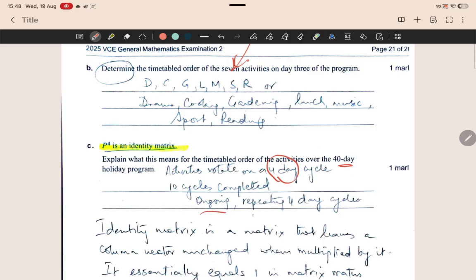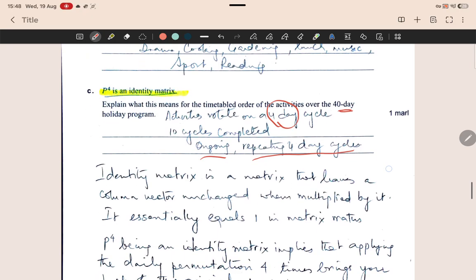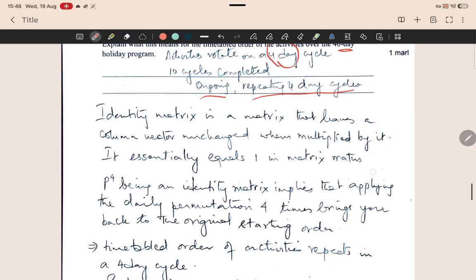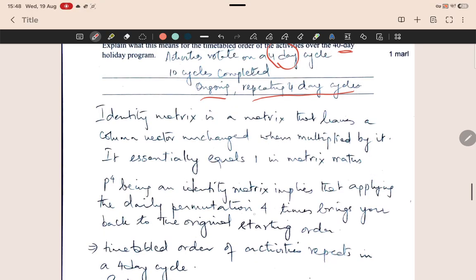Ongoing, repeating 4-day cycles. Now, an identity matrix is a matrix that leaves a column matrix unchanged when multiplied by it. It's essentially equal to 1 in matrix maths. That implies that applying the daily permutation 4 times brings you back to the original starting order.